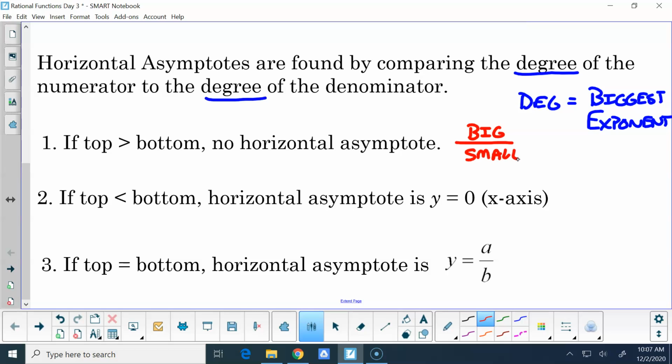If the bottom is bigger than the top, so that would be a small over big case in terms of degrees, which is what we've been dealing with so far, where the numerator's exponent has been 0 and the denominator's exponent has been 1 or 2. Okay? We're in a small over big case. That's going to be y equals 0 as our horizontal asymptote, which is just the x-axis.